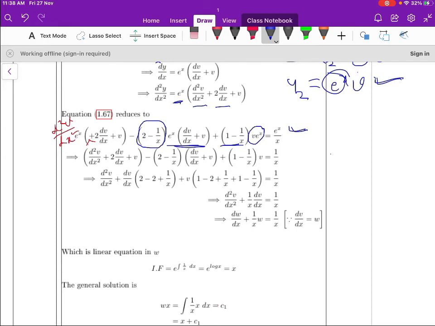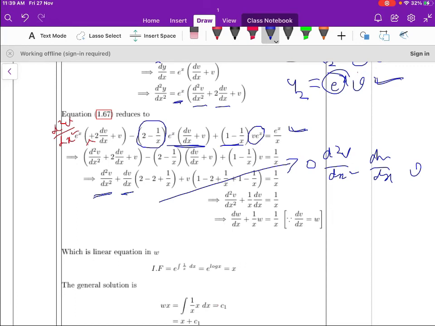Now grouping the d square v by dx square terms, then the dv by dx term and the v terms. This implies d square v by dx square plus, if I take dv by dx common, 2 minus 2 plus 1 by x, and v if I take common, 1 minus 2 plus 1 by x plus 1 minus 1 by x. So this gets cancelled, this is 0.